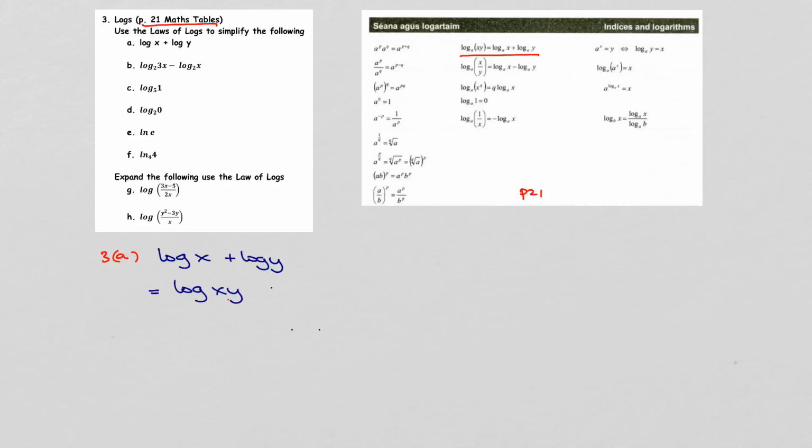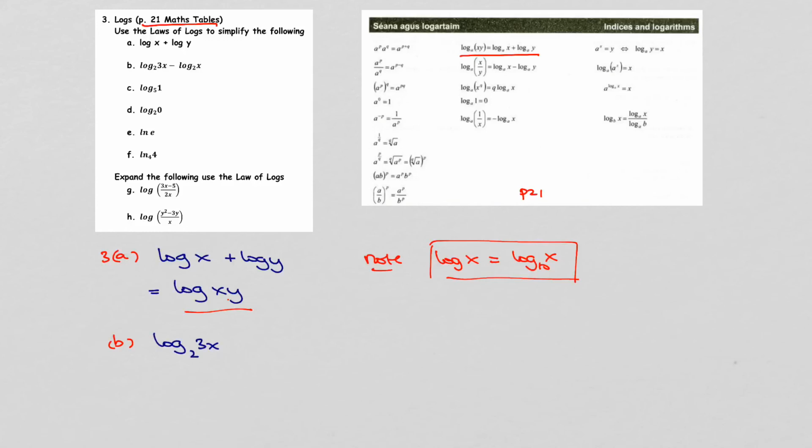Now, when there's no base written, that base is always assumed to be 10. So just a reminder, note, log x is the same as saying log x to the base 10. So that is always the case. When there's no base, the base is always 10. And that's it, simplified.